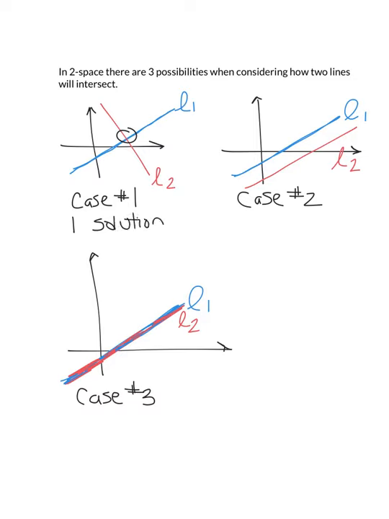Case number 2, we have two lines that are parallel but different. So in this case, we would have no solutions. And then case number 3, we have two lines that are identical. And in this case, we would have an infinite amount of solutions. So they're intersecting everywhere.